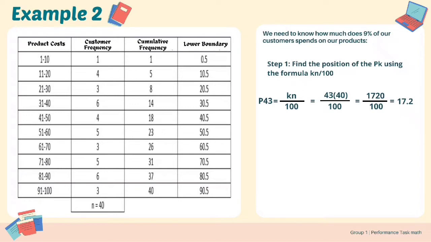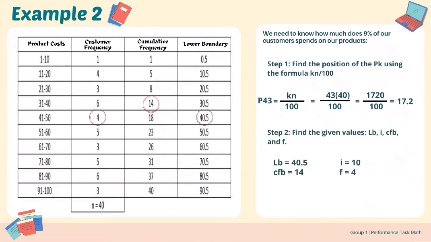Multiplying 43 by 40 will give us 1720, divided by 100 will give us 17.2. After finding our kn over 100, we need now to find the given values of the needed terms. As our kn over 100 fits on the 18 cumulative frequency class, its lower boundary would be 40.5. The cumulative frequency below would be 14 and its frequency would be 4.